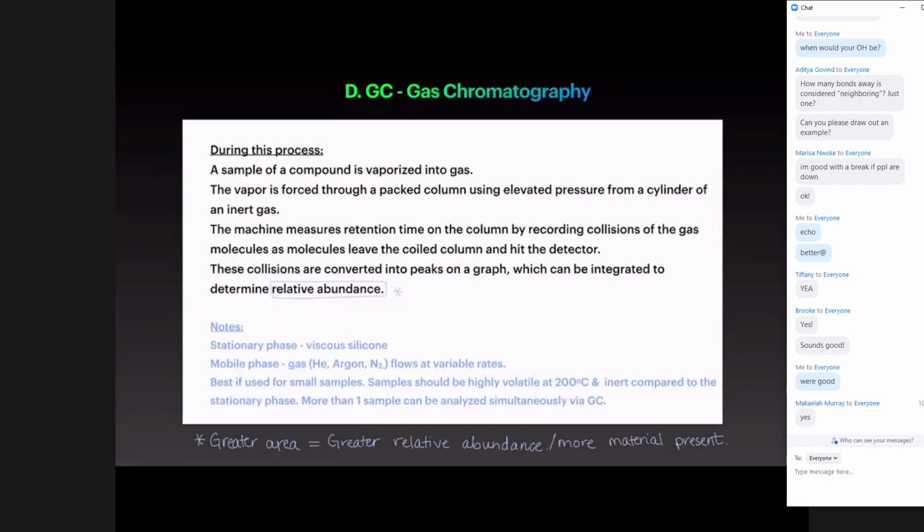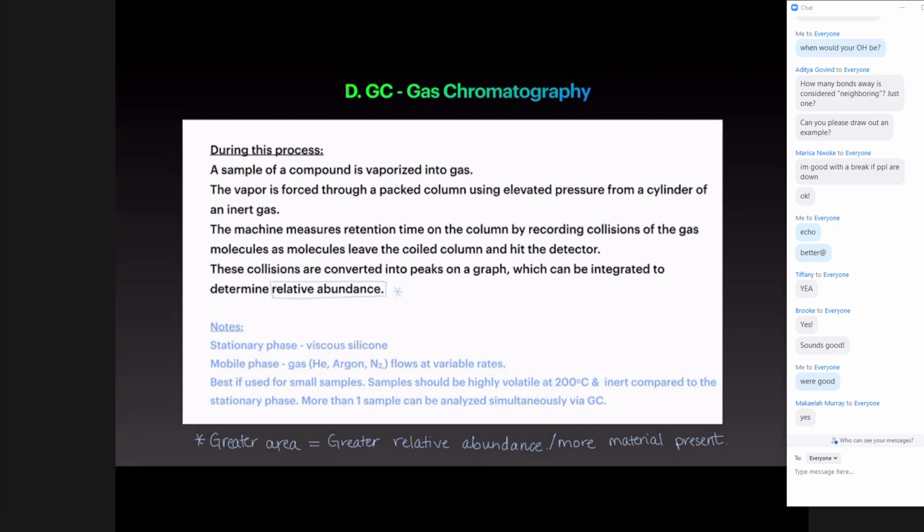So the mobile phase for GC is usually helium, argon, or nitrogen, and flows at variable rates because those gases have variable masses, and at variable pressures as well. So gases move differently based on pressure and mass. So this technique is best used for small samples.